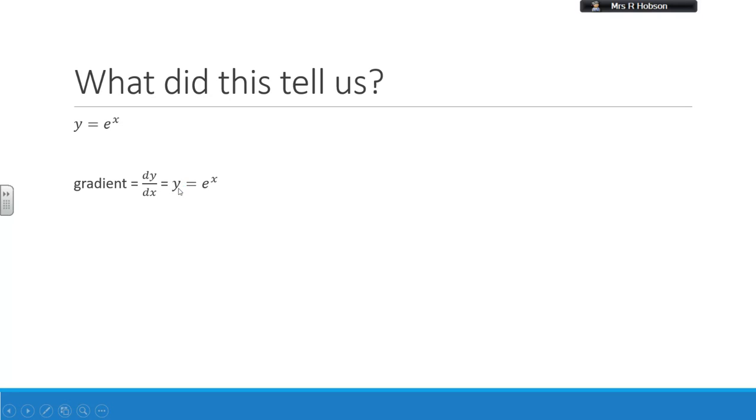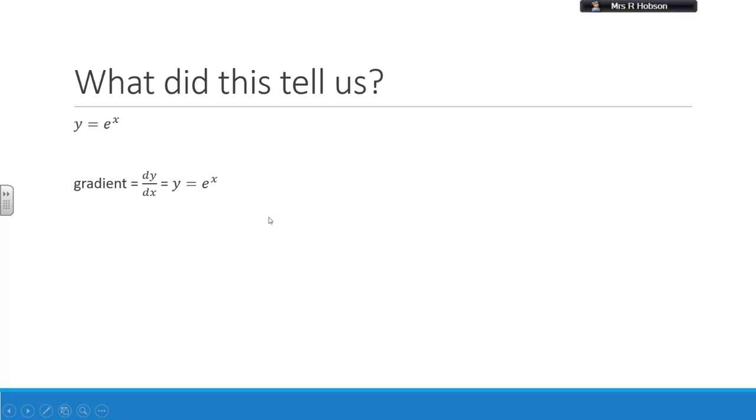So that means that when I differentiate y, I still get e to the x. That's the real thing to take away: e to the x, when differentiated, is still e to the x, because the y value is the same as the gradient. So the y value is the same as dy by dx.